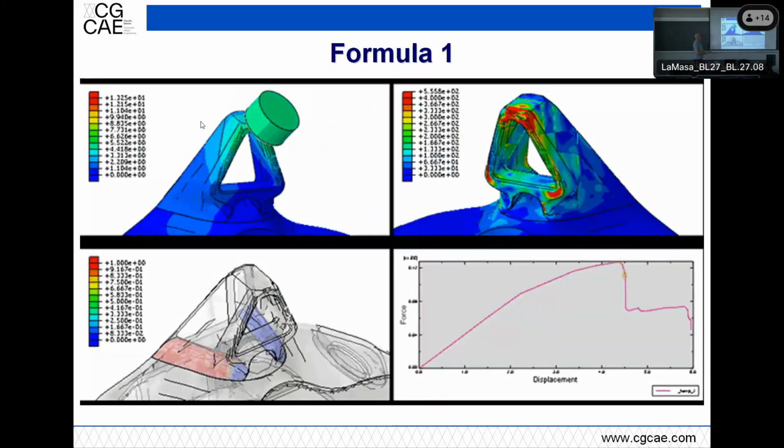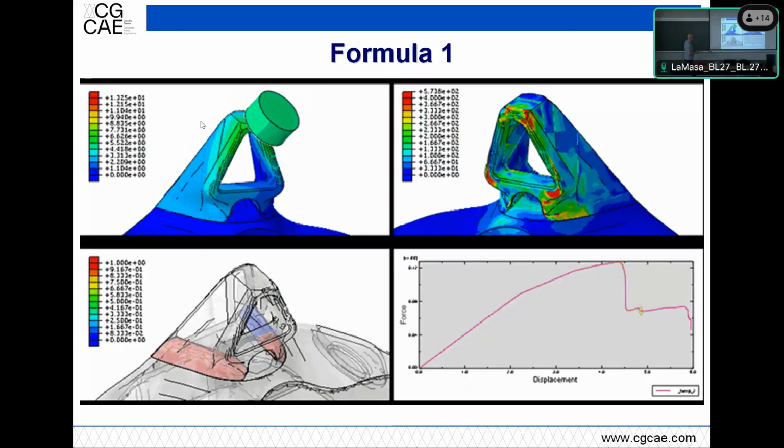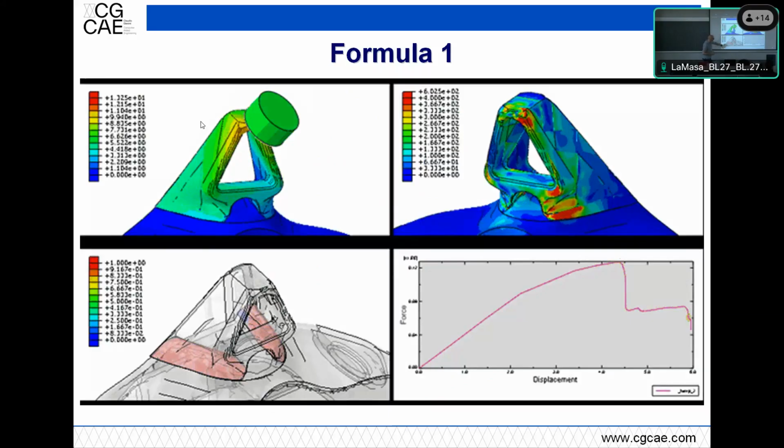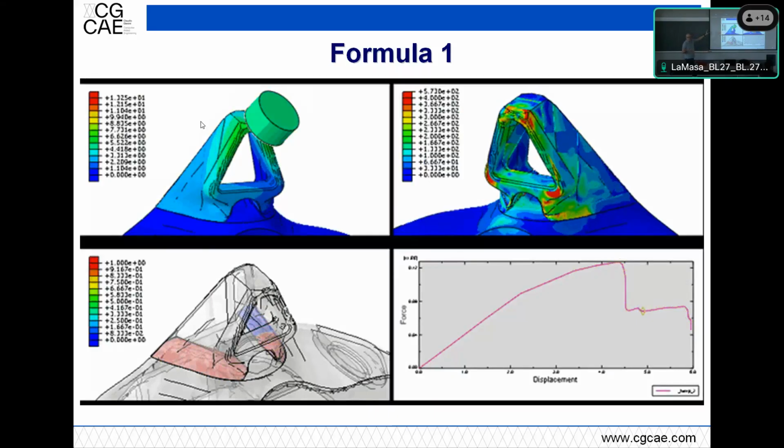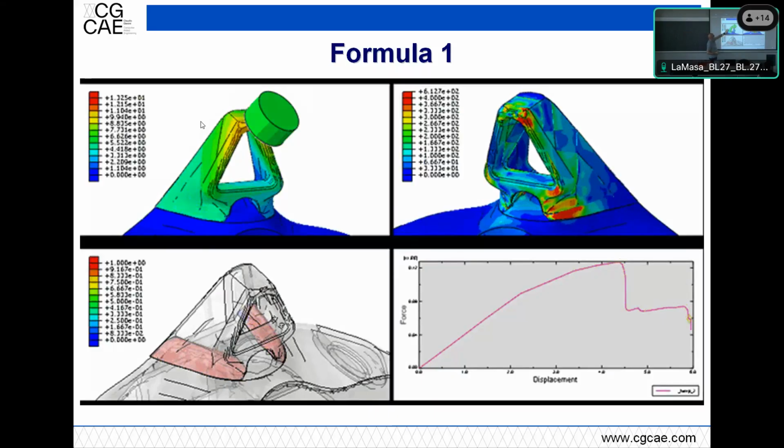In more recent times, you see we can also place part of the monocoque. We can simulate bonding here. So this part is made out of aluminum, rapid prototyping. You see here clearly the displacement.